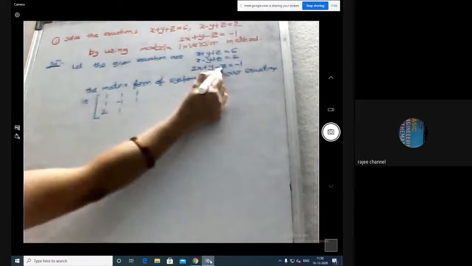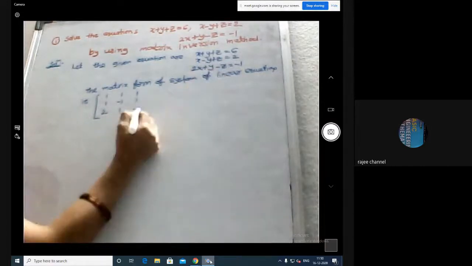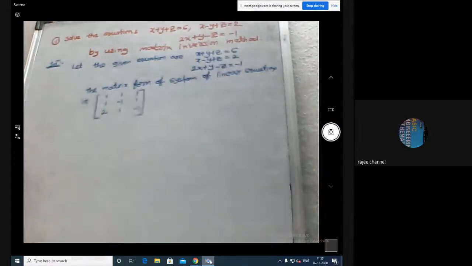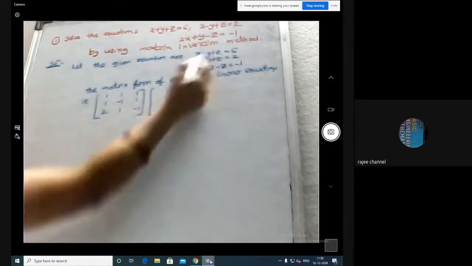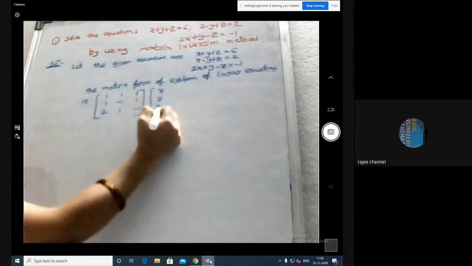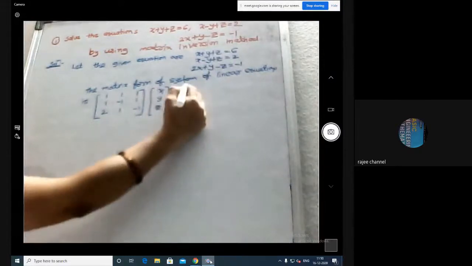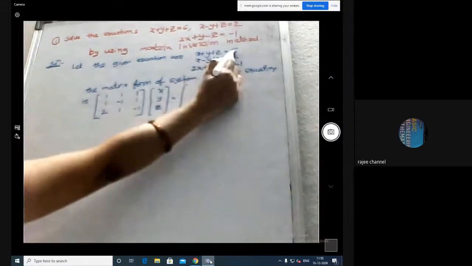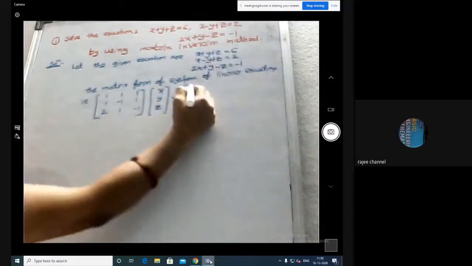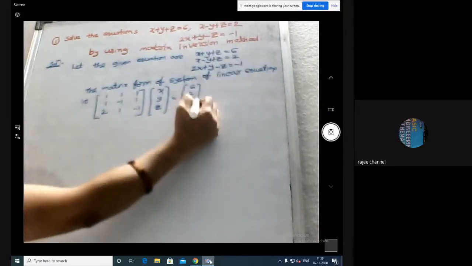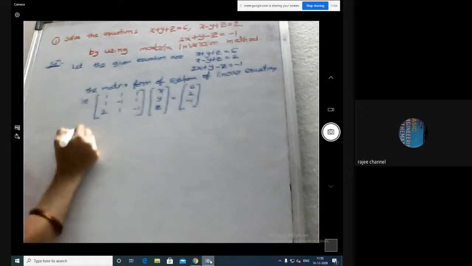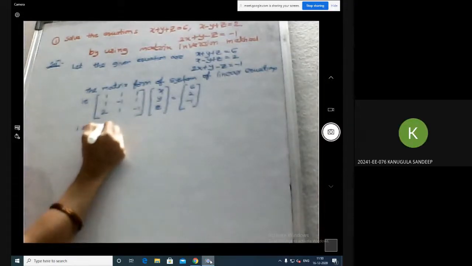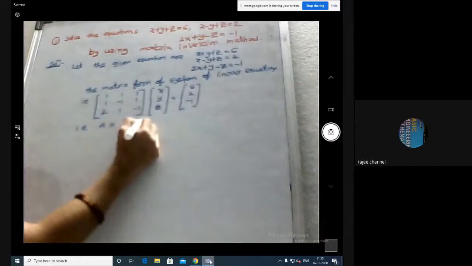The A matrix is over. Next the X matrix: x, y, z, equal to the constant matrix B: 6, 2, minus 1. So this is the same as AX equal B.